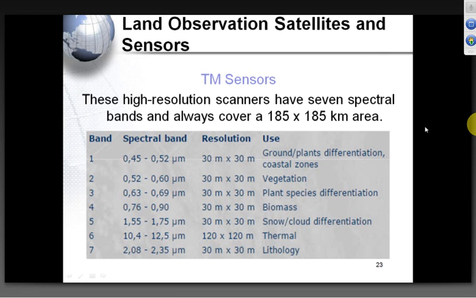For band 2, vegetation. For band 3, plant species differentiation. Band 4, biomass. Band 5, snow or cloud differentiation. 6th, thermal, and band 7 for lithology. These are the various applications based on the images obtained by various kinds of bands of these particular sensors.